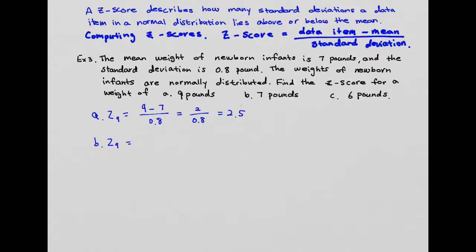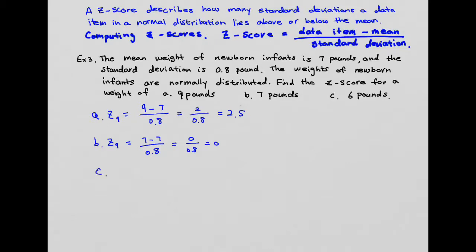The z-score of 7 pounds is going to be 7 minus 7 over 0.8, which is 0 divided by 0.8, going to be 0. So in this case, you will say a 7-pound infant is right at the mean. There will be no deviations above or below it.